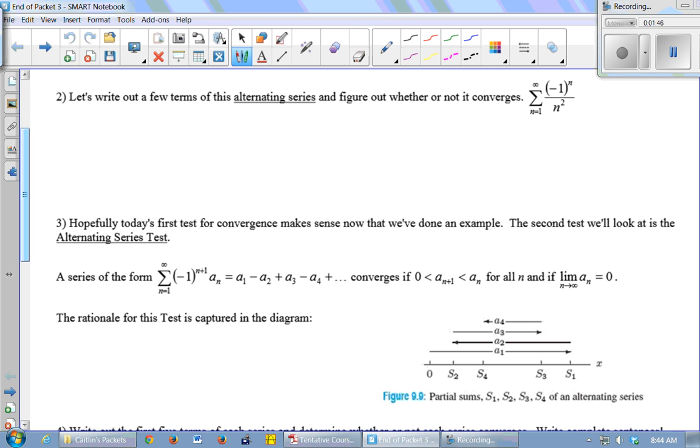alternating series. We have the sum from n equals 1 to infinity of (-1)^n over n squared. So I'm going to write out the first few terms. If I plug in a 1 for n, I get -1. Right? (-1) to the first is -1 over 1 squared. And then my next term, when I plug in n equals 2, that (-1) squared becomes a +1, and I get a fourth.